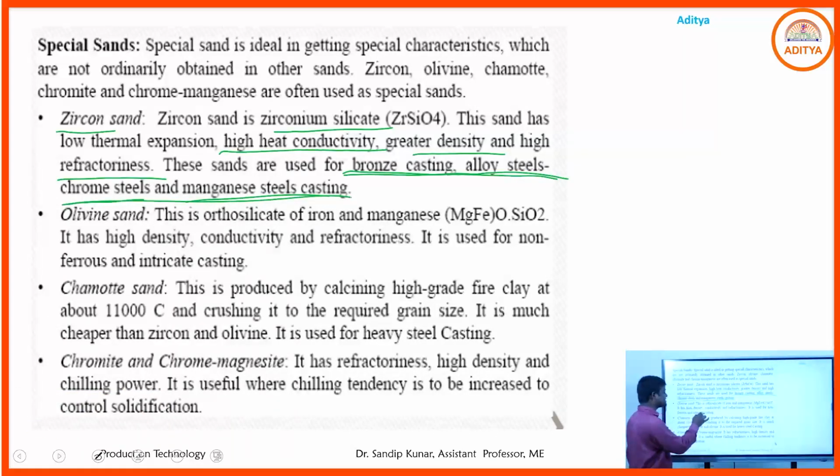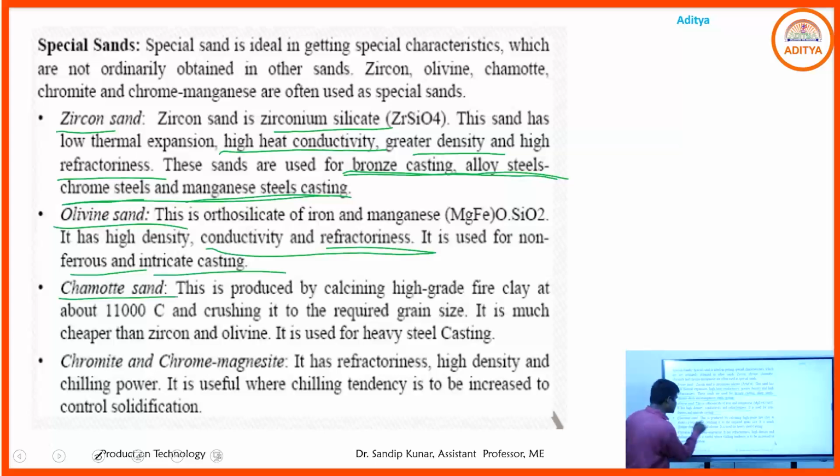Olivine sand is prepared from orthosilicate of iron and manganese. It has high density, conductivity, and refractoriness. It is used for non-ferrous and intricate, meaning complex, products.